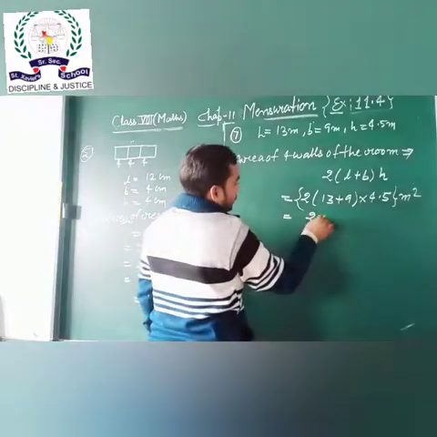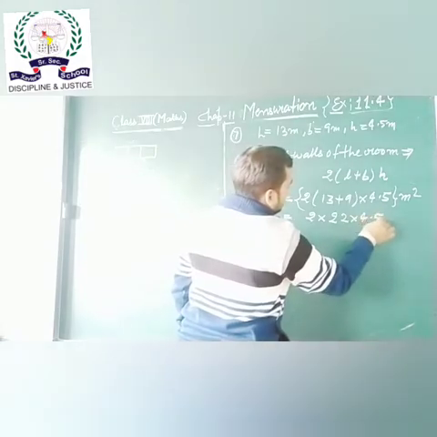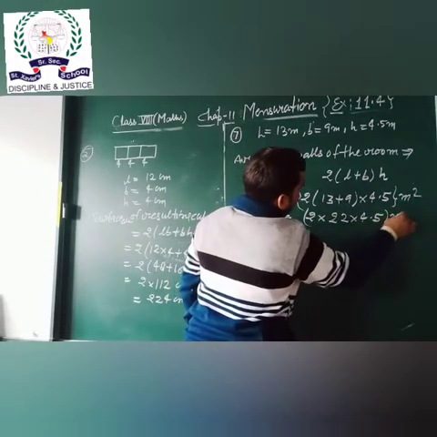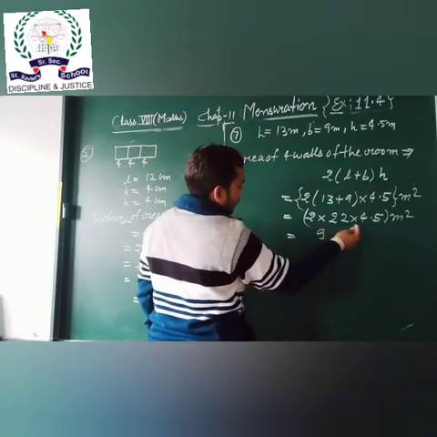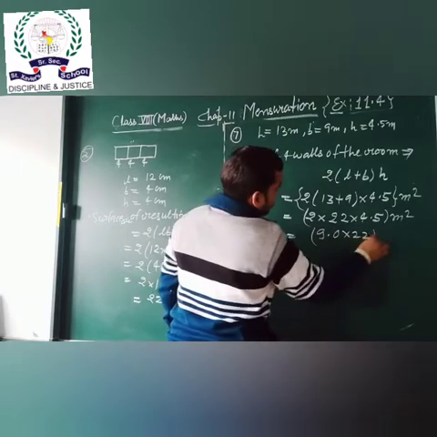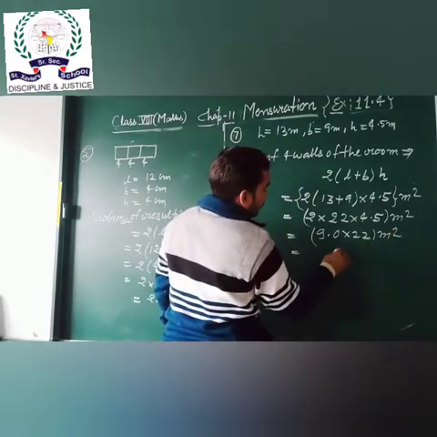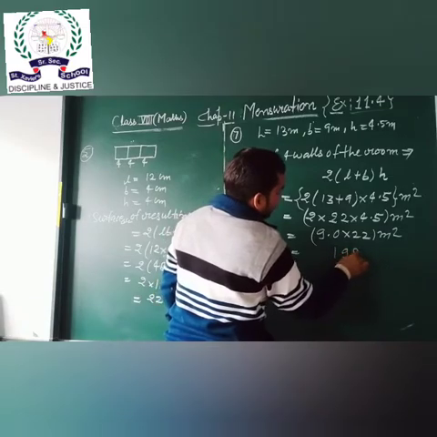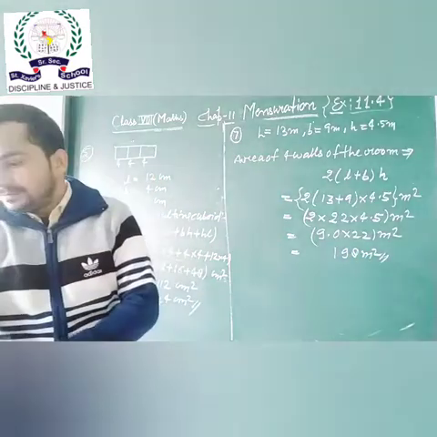So 2 into 13 plus 9, 22 into 4.5 meter square. 45 to 90 decimal after one place, so 9.0 into 22. 2 2 ja 44, 44 plus 154, 198 meter square. So this is the area of 4 walls of the room.